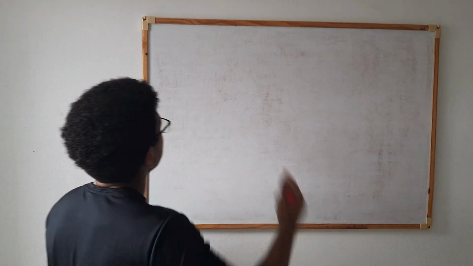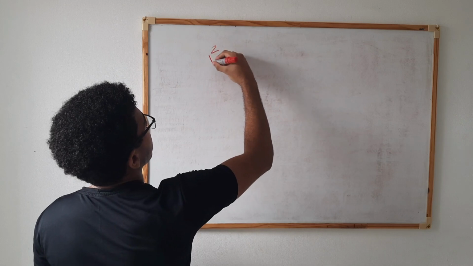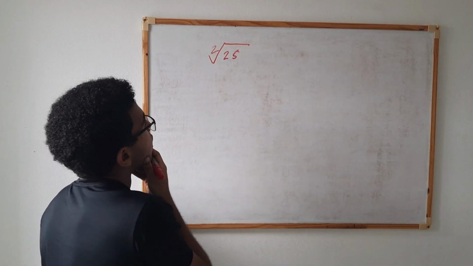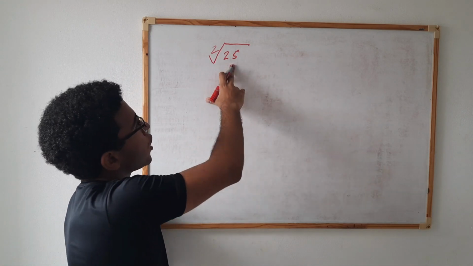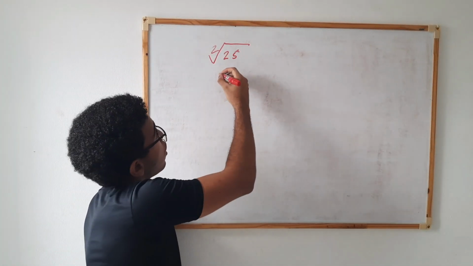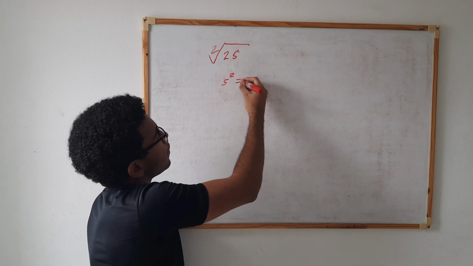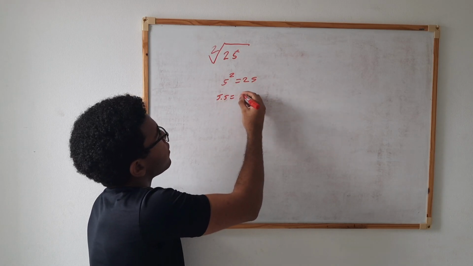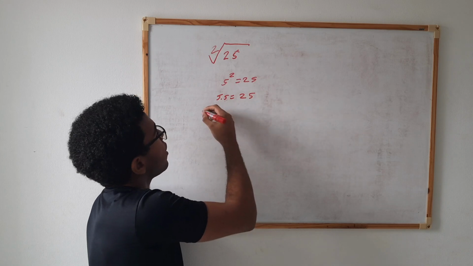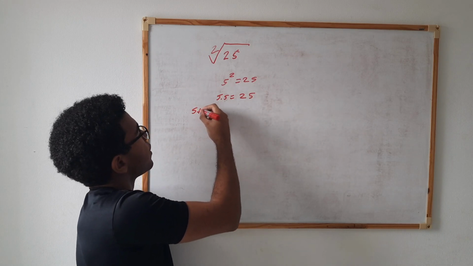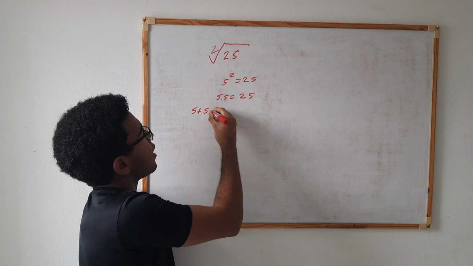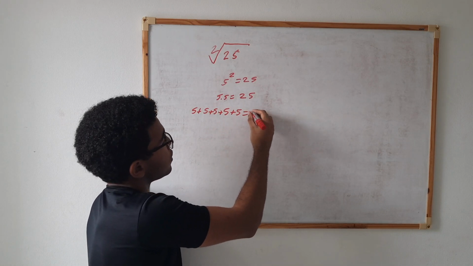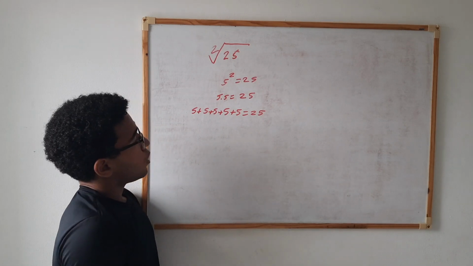So let me just put this up here. We know that the square root of 25 is 5. So 5 to the power of 2 is equal to 25, which is equal to 5 times 5, which is still equal to 25, which is equal to 5 plus 5 plus 5 plus 5 plus 5, which is still equal to 25.